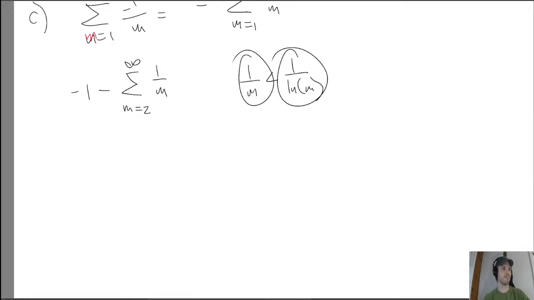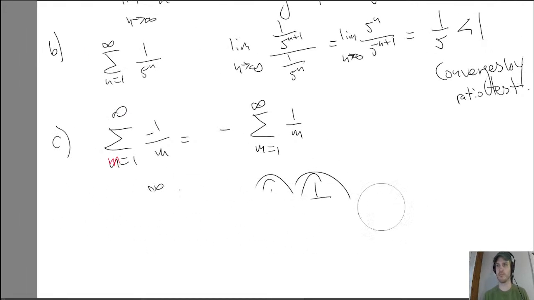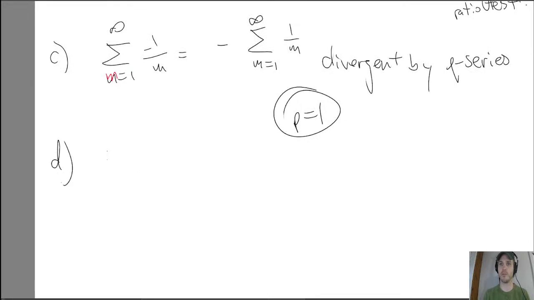Yeah. This is divergent by the p-series, because p is equal to 1. P equals 1. D. God, that's annoying.